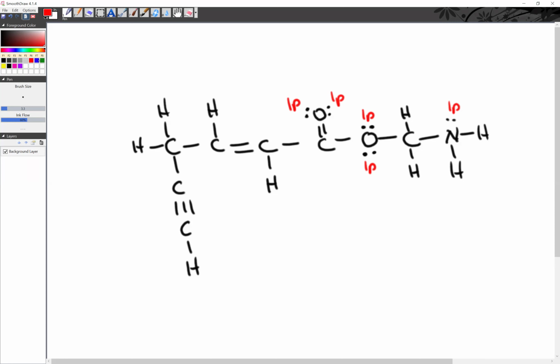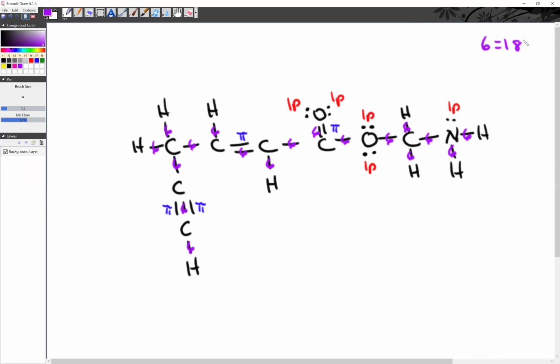How many pi bonds are there? 1, 2, 3, 4. And it looks like there's a total of 4 pi bonds. All right, now how many sigma bonds? There's 1, 2, 3, 4, 5, 6, 7, 8, 9, 10, 11, 12, 13, 14, 15, 16, 17, and 18.